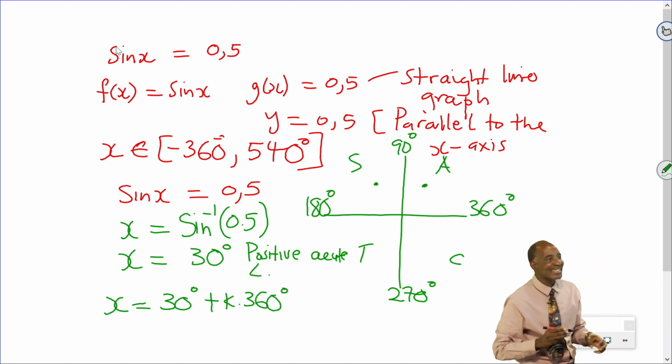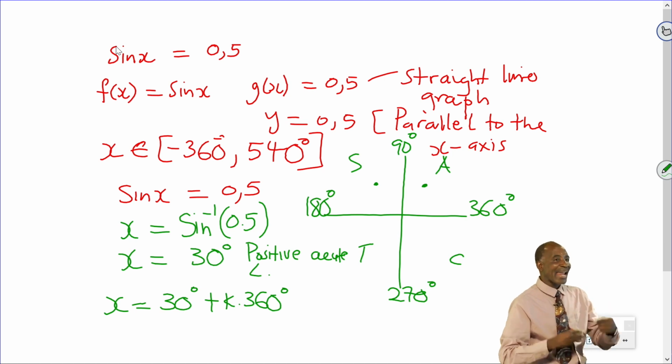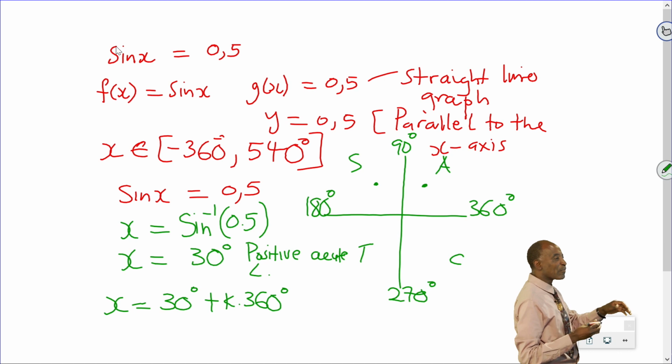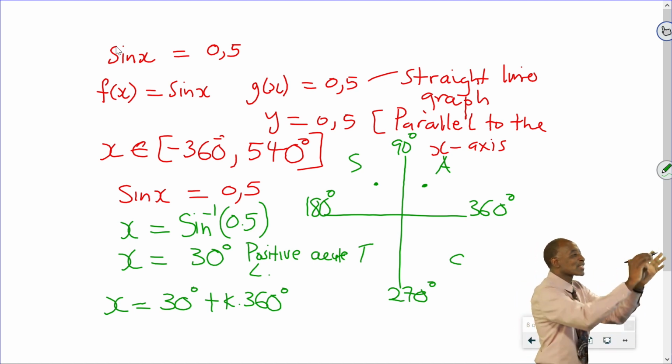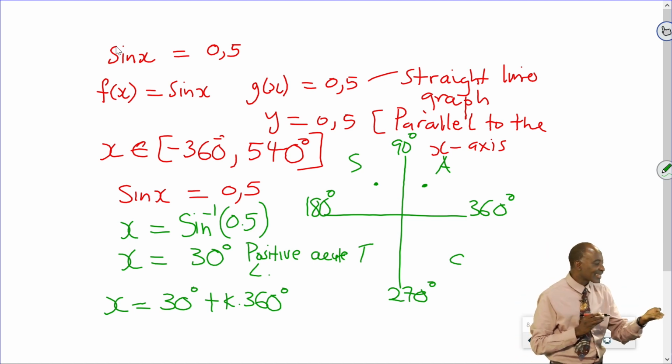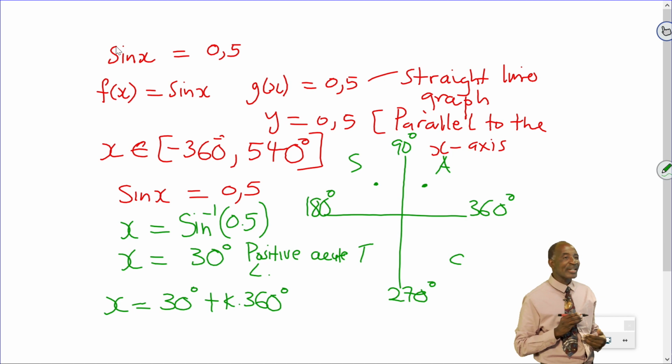So 30 degrees will be used to add 360 moving forward or to subtract 360 moving backwards. So in the first quadrant, our angles are going to be led by 30 degrees. So 30 degrees will generate its own angles.